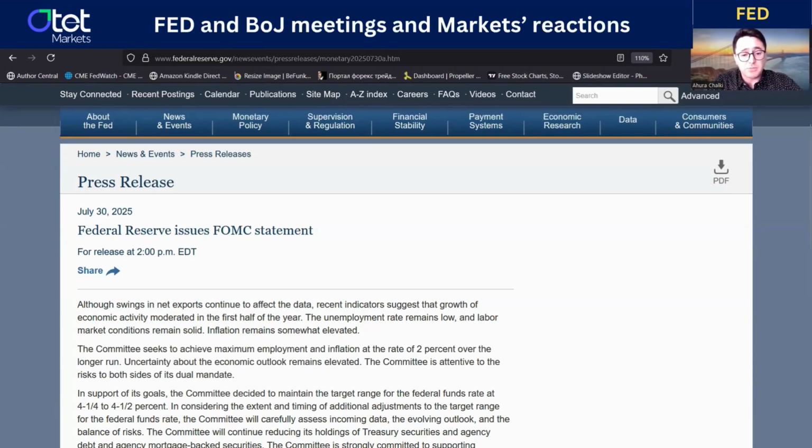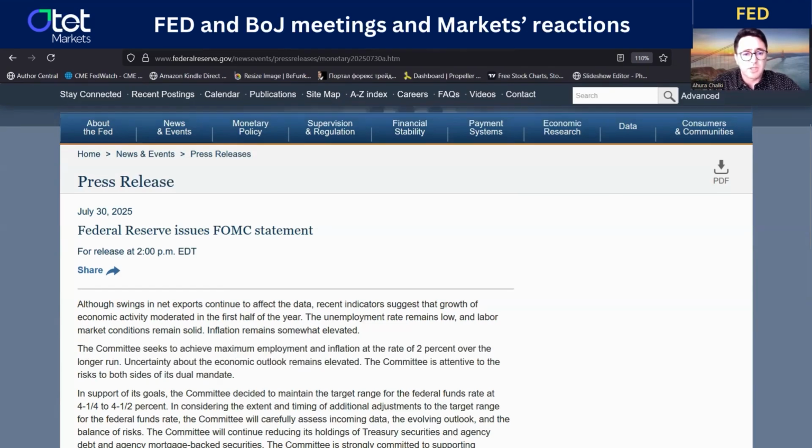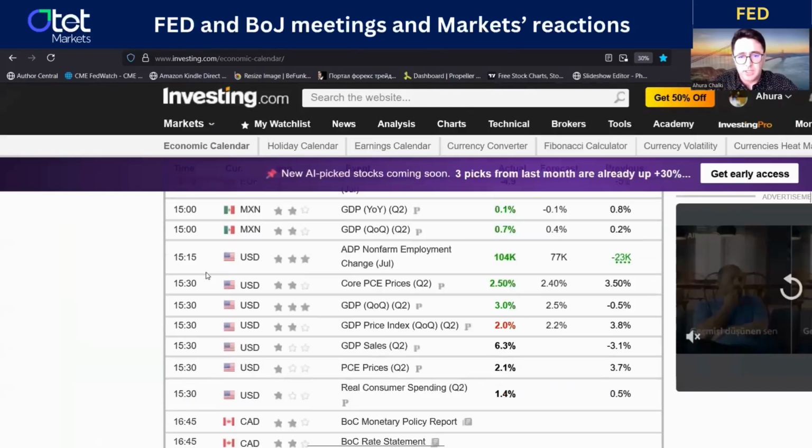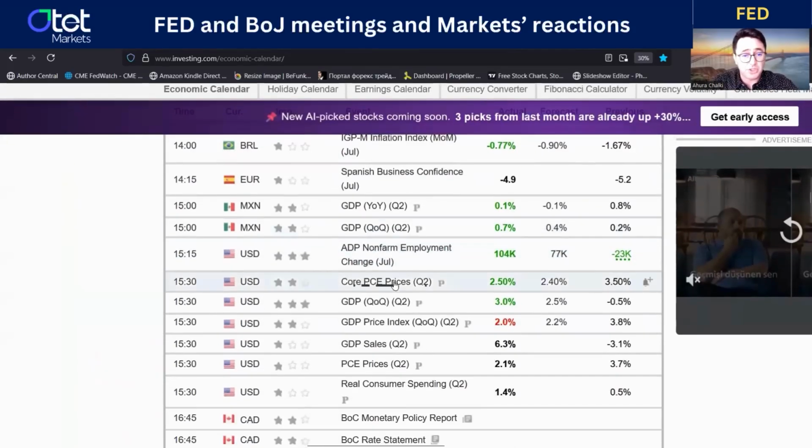We could see that GDP increased by about 3% in the second quarter. But we shouldn't forget that it decreased by 0.5% in the first quarter, which means in the first half, as the Fed says, we had only 1.2% GDP growth. So we shouldn't talk about 3% GDP growth.